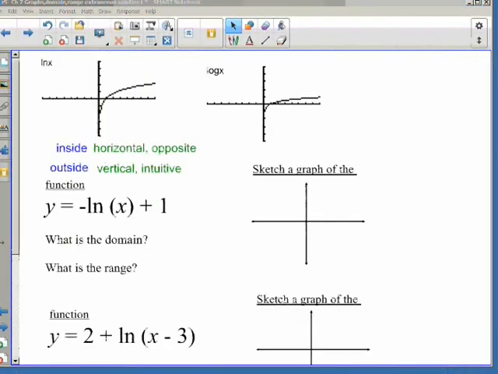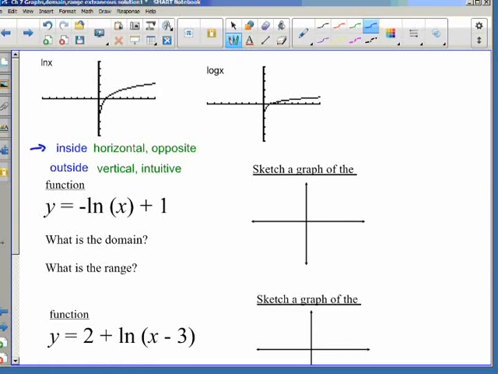And now we'll work on some slightly more complicated problems, more than one transformation in a single graph. So I've got my little notes here on inside and outside. That works for me. Inside is a horizontal change that is opposite in terms of what I might think, including the order of operations. And the outside is a vertical that is the way I would think, or is intuitive.